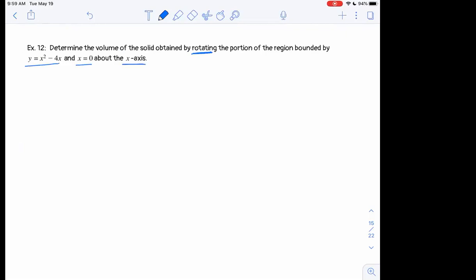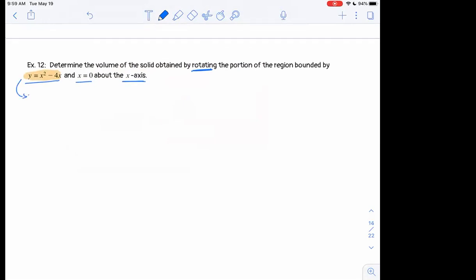All right. So if we're going to set up our diagram, then we need to know what the curves look like. If I take a look at y equals x squared minus 4x, let's go ahead and do that one in orange. It might be helpful. I know it's a parabola, I know it faces up, but sometimes being able to find the x-intercepts helps me draw a better, more accurate picture.